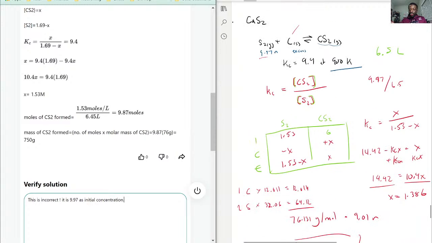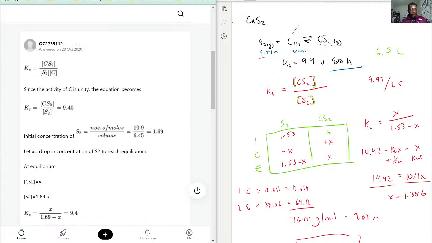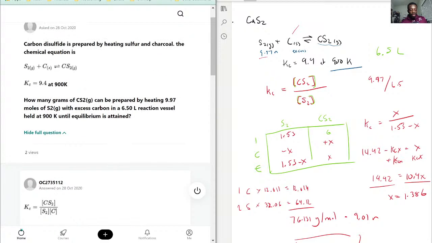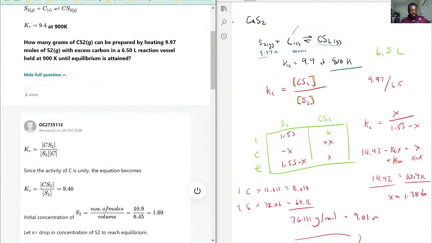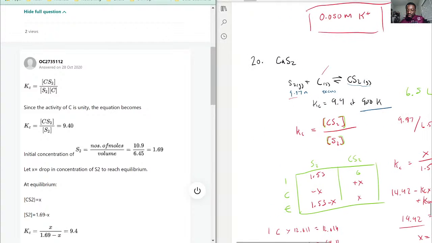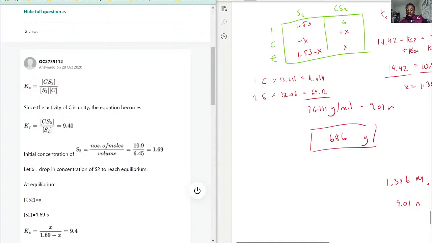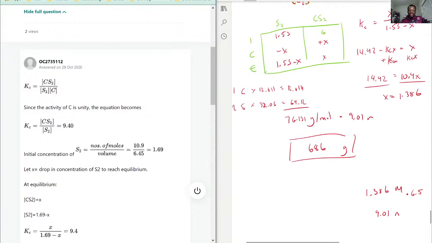So if we change that 10.9 divided by 6.5, we'd get 1.67, which is, well, 6.45, huh? A lot of things were different. So it seems like they had gotten numbers from some other area, not read the question completely, but it was important to figure out where we went wrong, because the answer should be 686 grams.